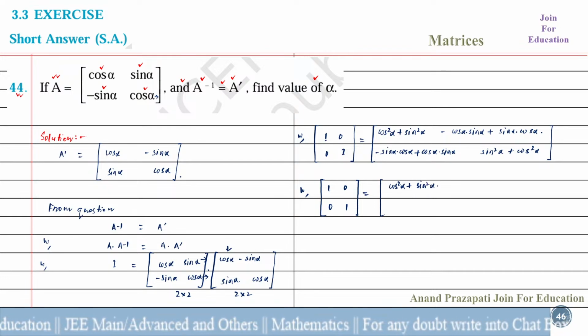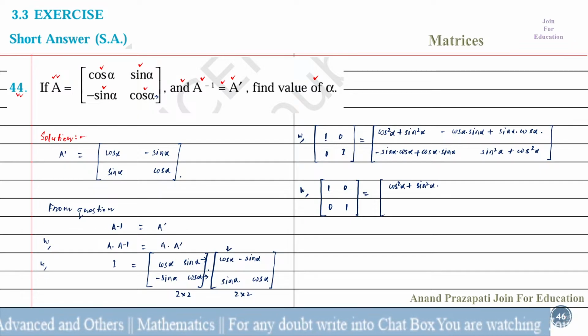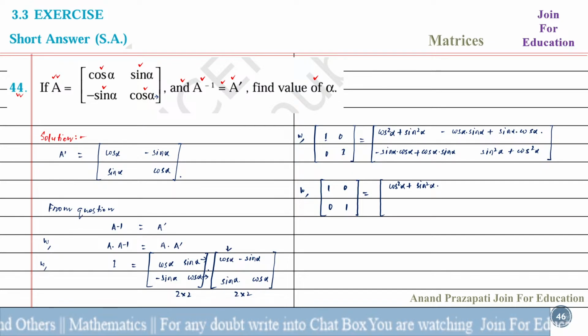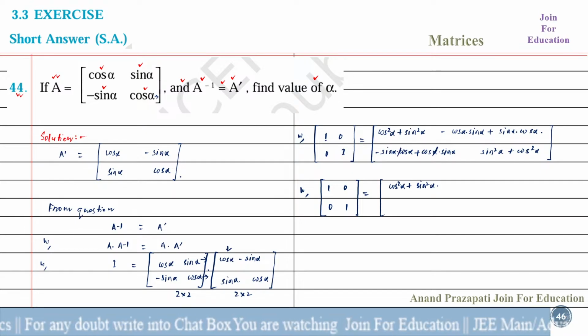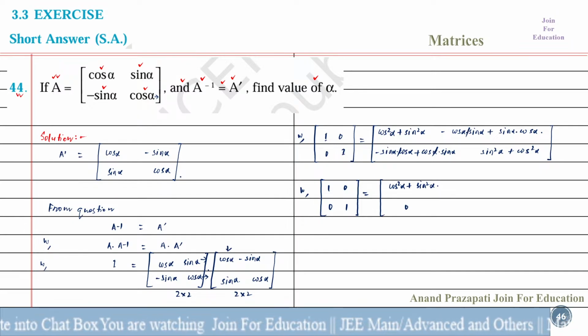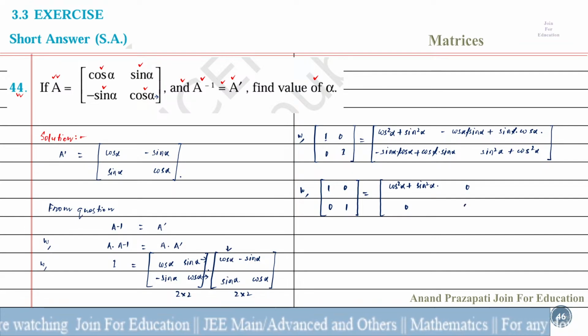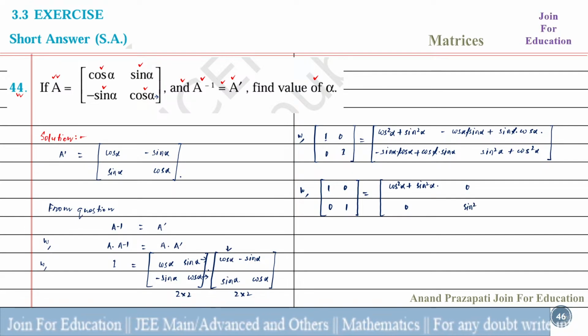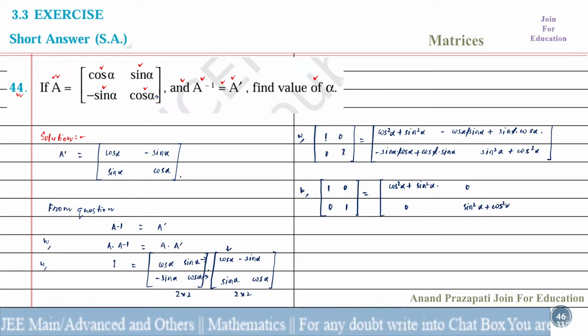And we write down here minus sin alpha cos alpha, sin alpha cos alpha cancelled out, then we write down here 0. This one cancelled out, then we write down here 0, and here will be sin square alpha plus cos square alpha.